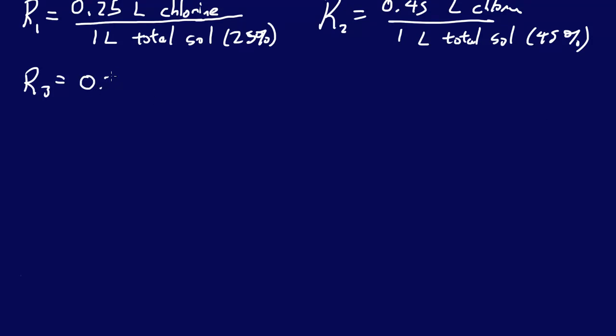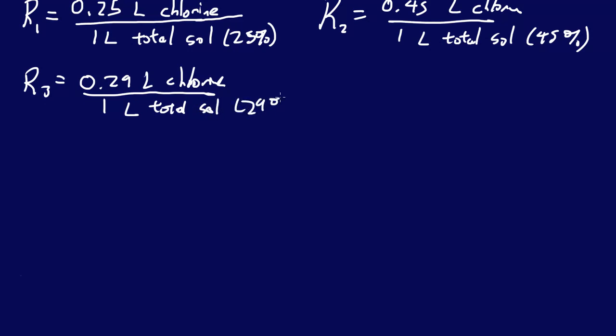So 0.29 liters of chlorine per 1 liter of total solution, which happens to be 29%. And while this may seem redundant, I think the understanding of the rate being liters of chlorine per liters of total solution will help take some of the confusion out, at least hopefully.